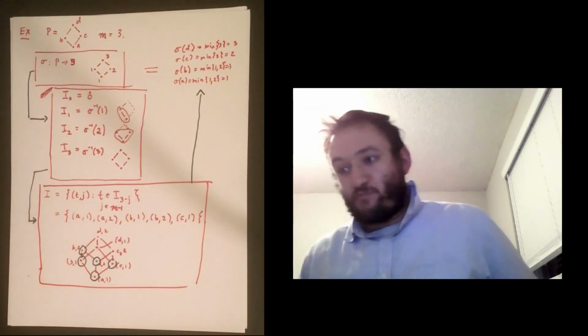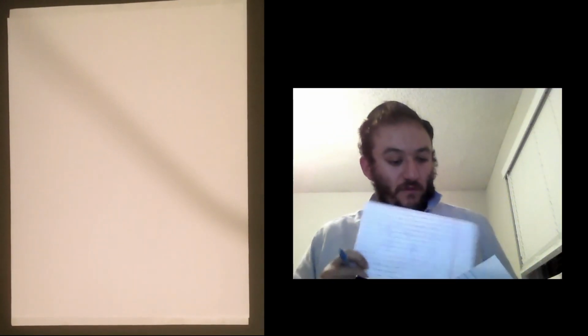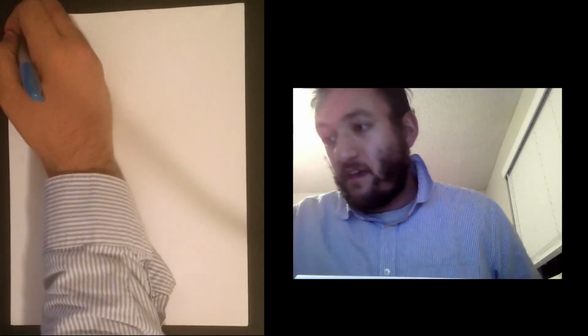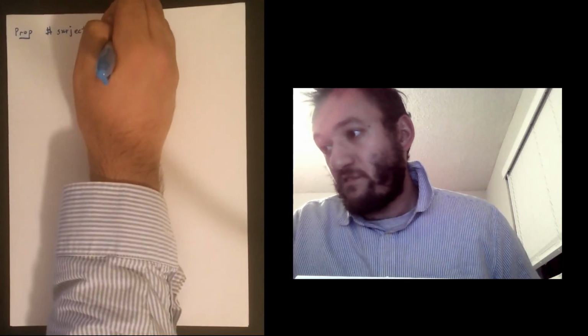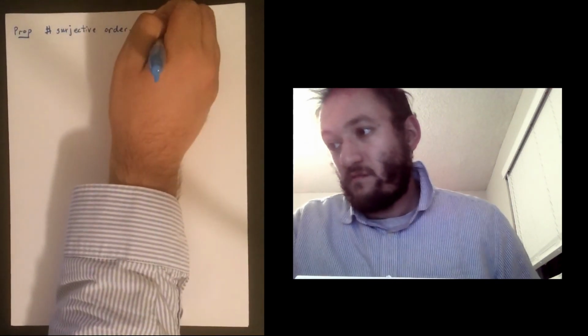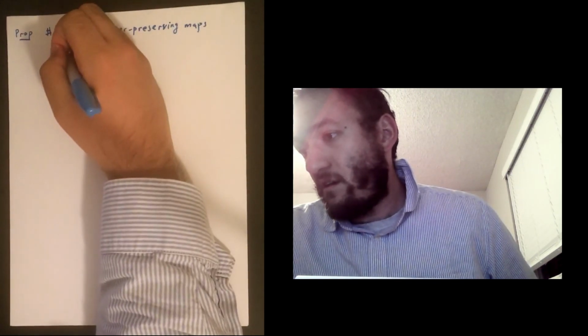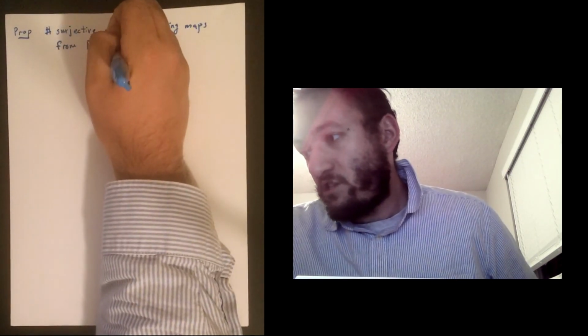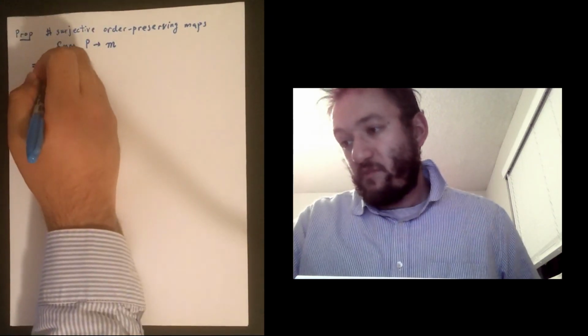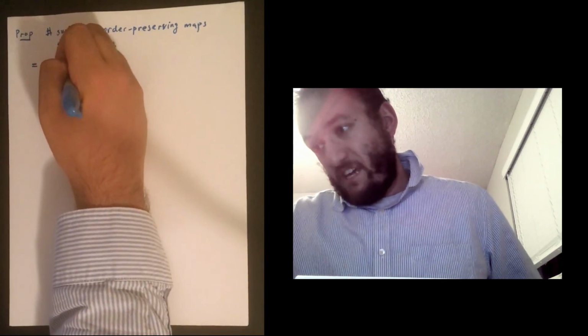Okay, so that's roughly how this proof goes down. And just some slight observation helps to introduce a slight variation of that theorem, to say that the number of surjective order preserving maps from P to the chain M is equal to the number of proper chains, not multi-chains.